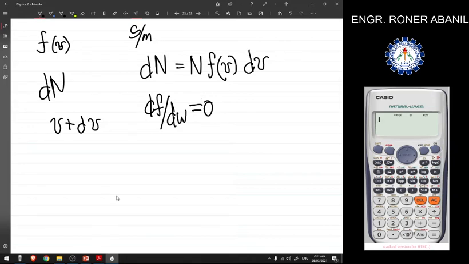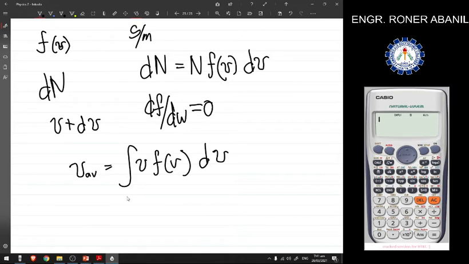The average speed v average is equal to the integral of v times the distribution function dv, from 0 to infinity. The RMS speed is obtained similarly.